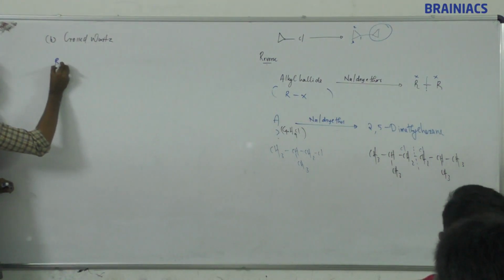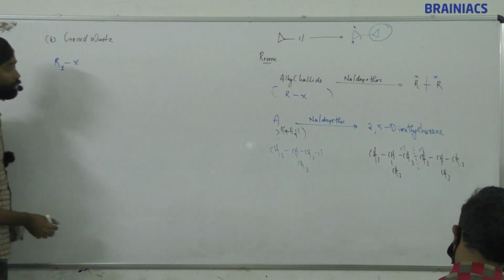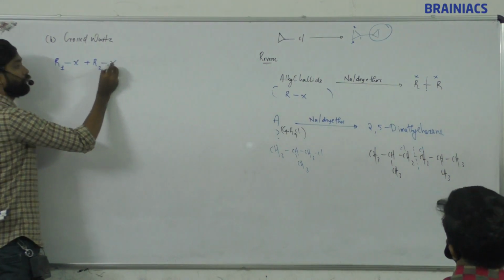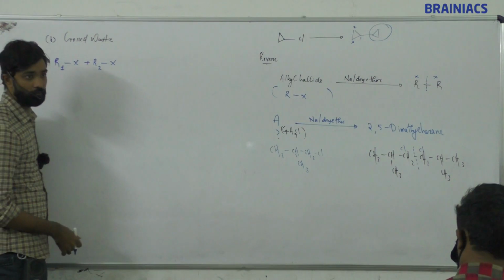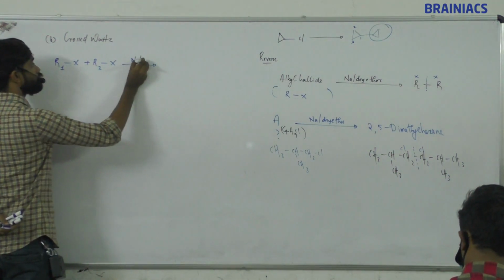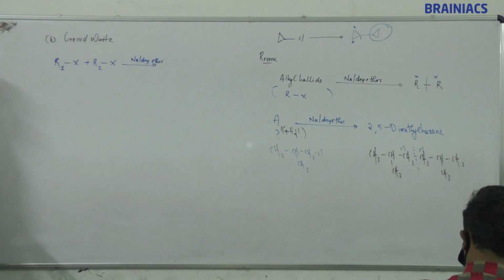If I have one alkyl halide as R1X and another as R2X, where R1 and R2 are different, with sodium in dry ether. And you know the mechanism of this reaction.